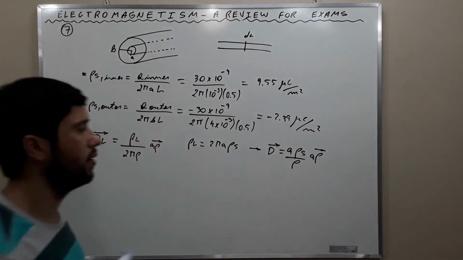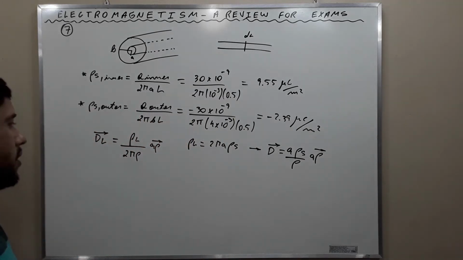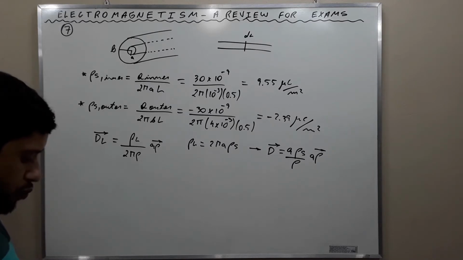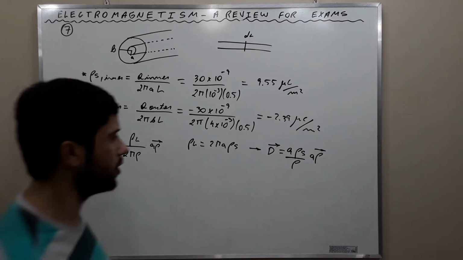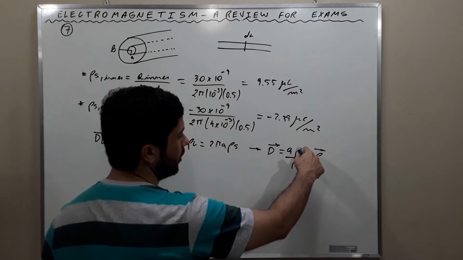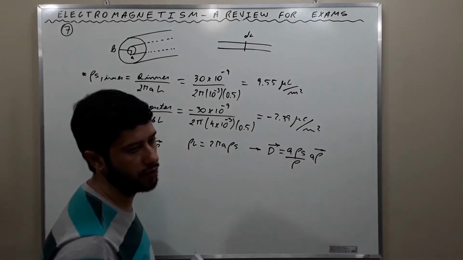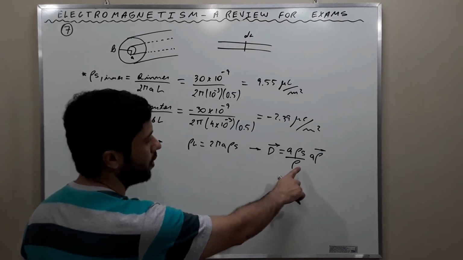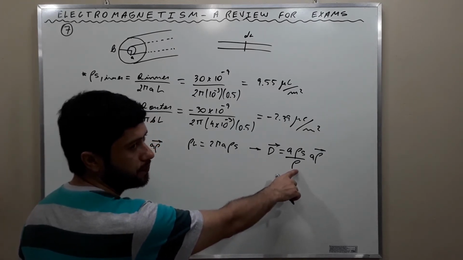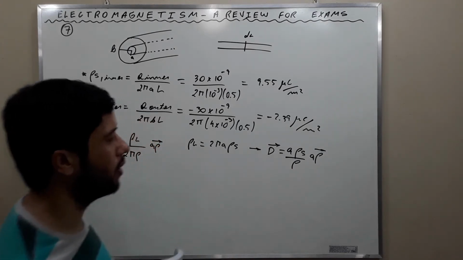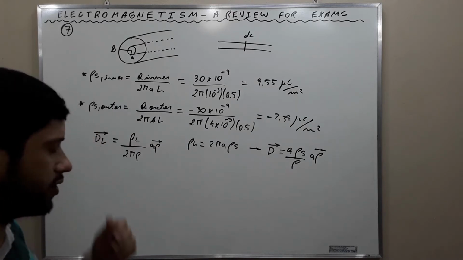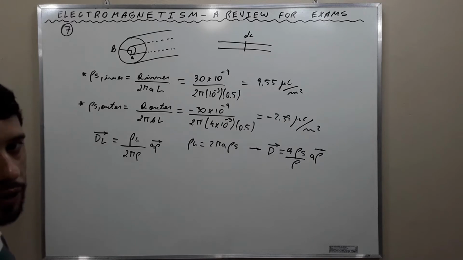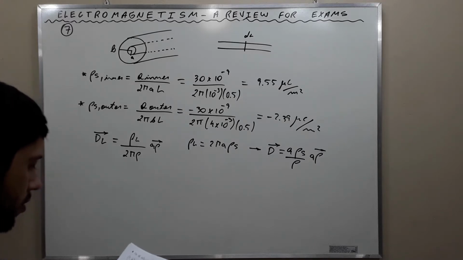Understand that this seems kind of strange, but this rho S here is the surface density of charge, and this rho here is the radial distance from the conductor, okay? The radial distance from the conductor.